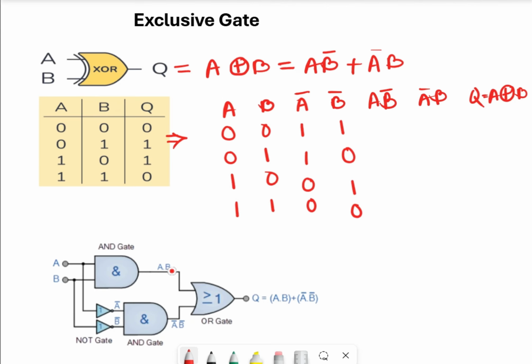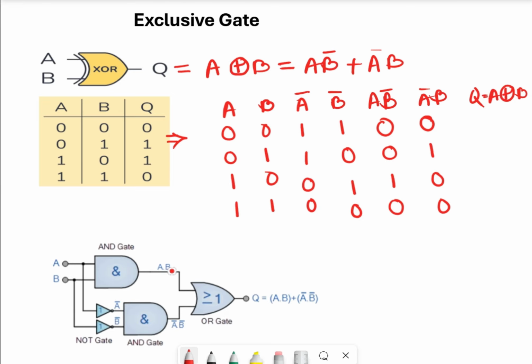So A B bar: 0 1 is 0, 0 0 is 0, 1 1 will be 1, and 1 0 will be 0. Same as A bar B: first one is 0, then 1 multiplied with 1 is 1, 0 0 is 0, and 1 0 is 0.